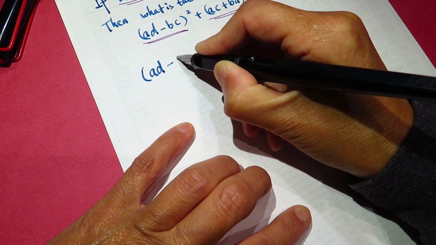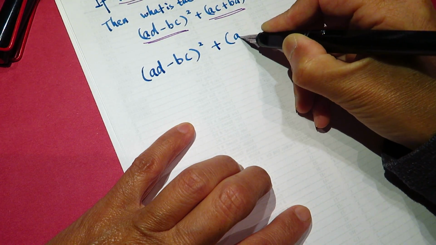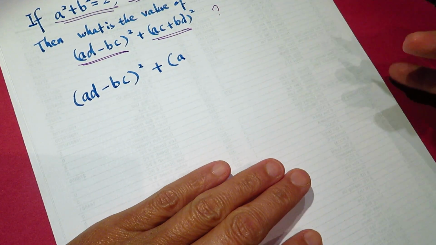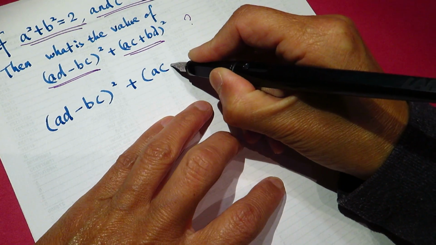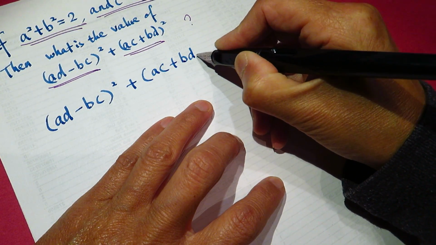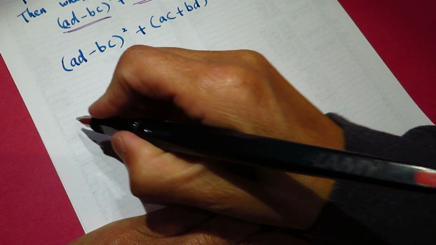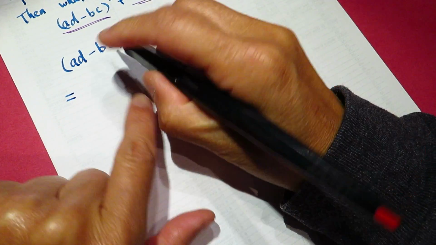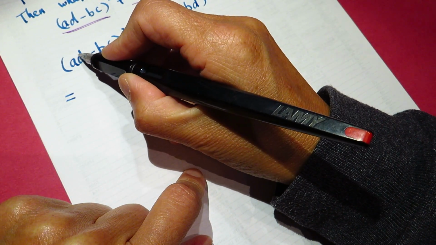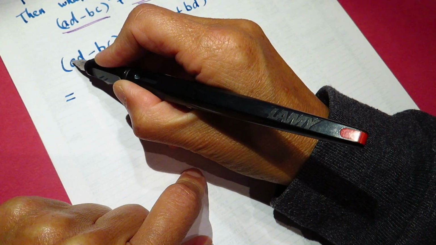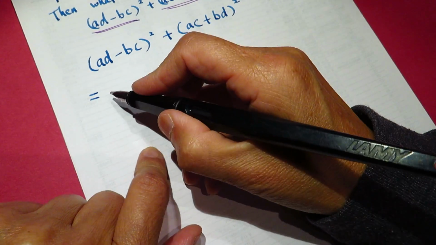First I copy our question: (ad minus bc) squared plus (ac plus bd) squared, right? We just do it. Use this as one term.